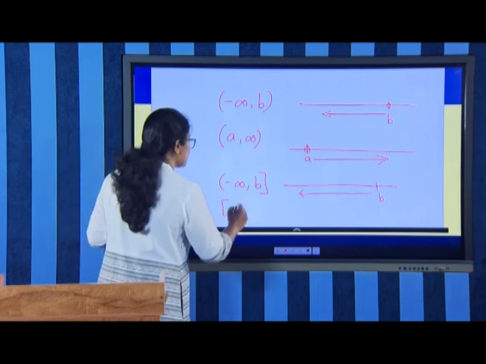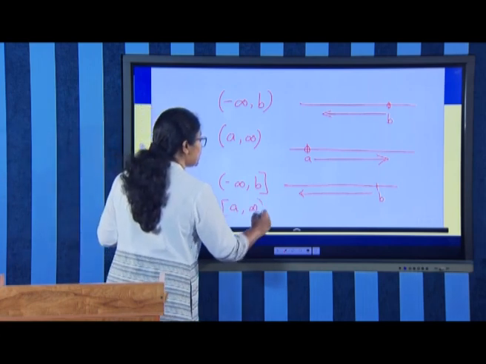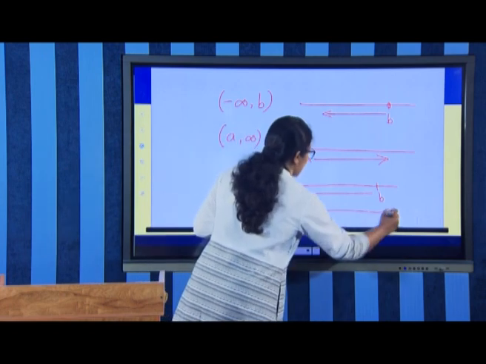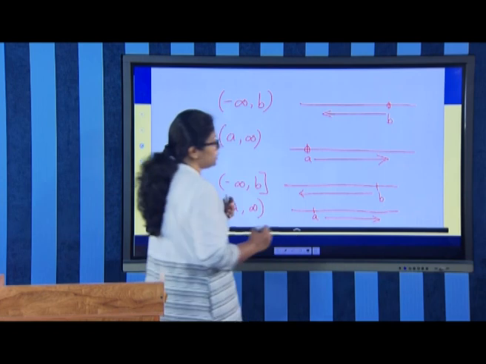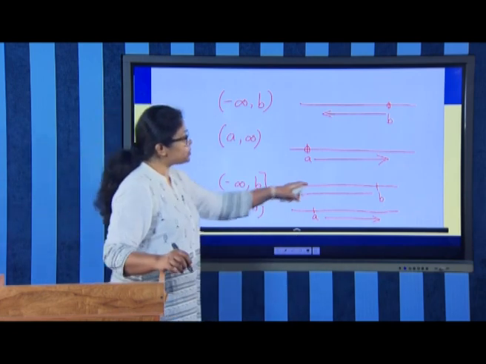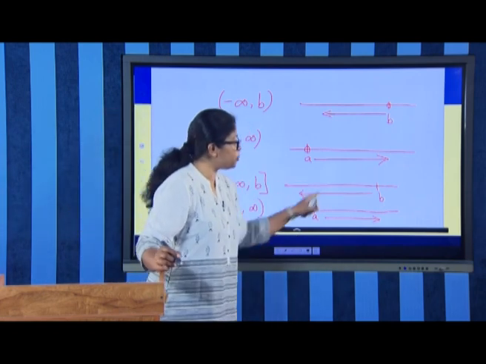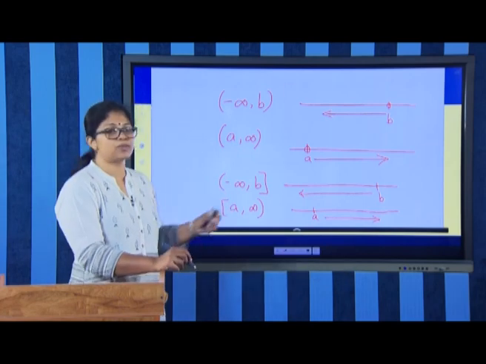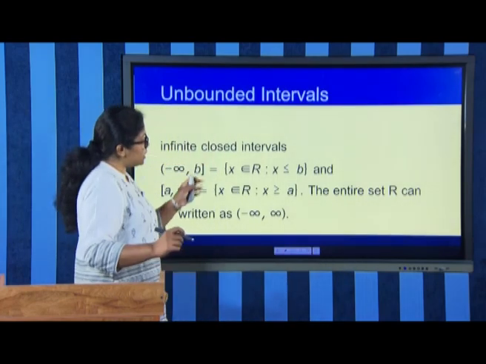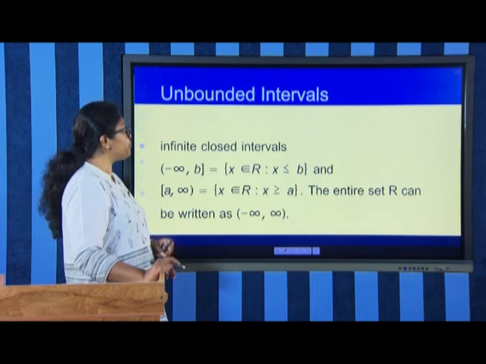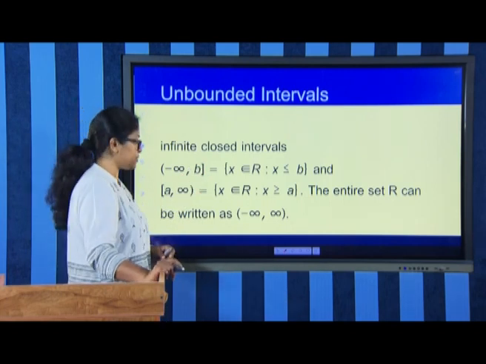And closed a to infinity is nothing but starting from a and going up to infinity. So, a is also included, that is why we are not putting a hole there. So, these are the definitions of infinite closed intervals.